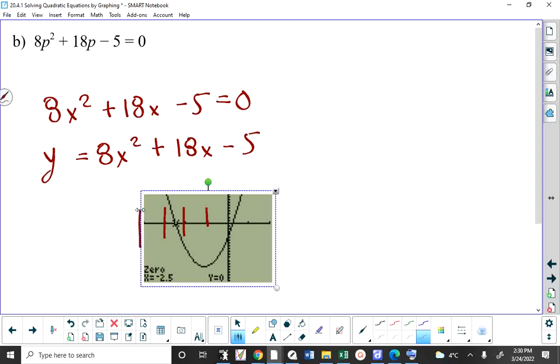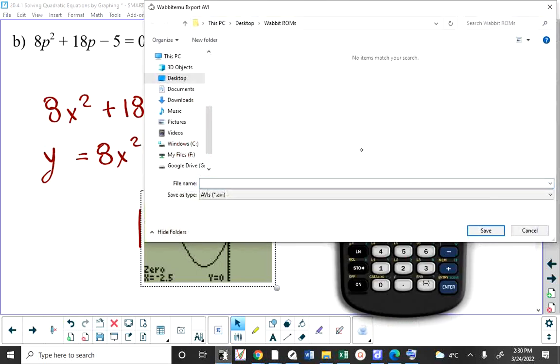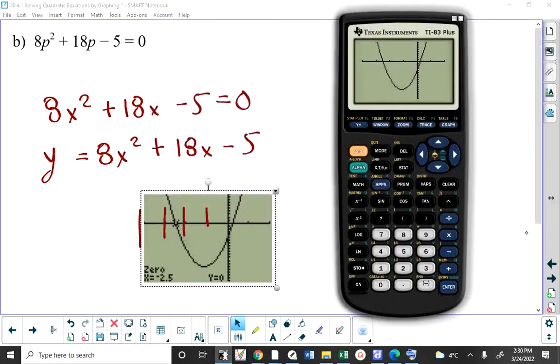So when I found that first x-intercept, I went to my calculator and chose zero, I just looked at the graph and saw that it was between -3 and -2. I didn't have to scroll, so I entered -3, enter, -2, enter, enter.